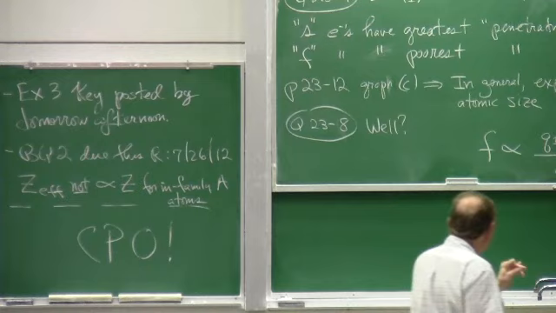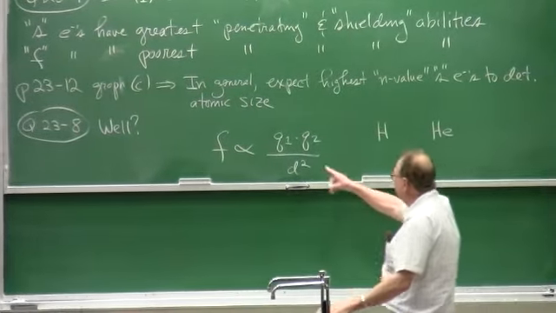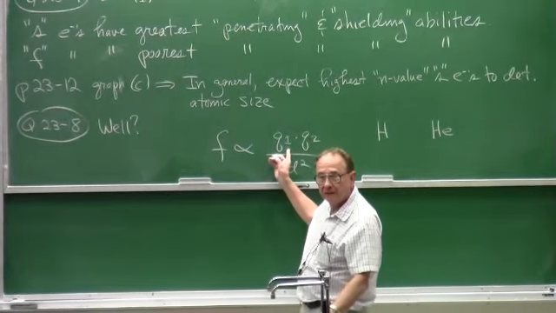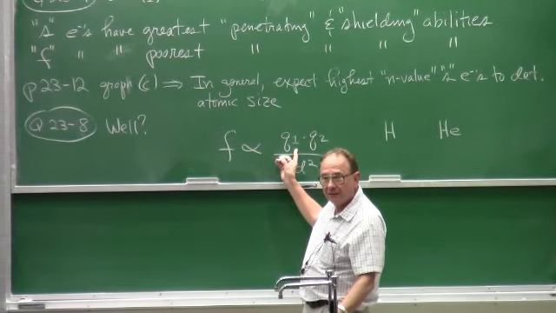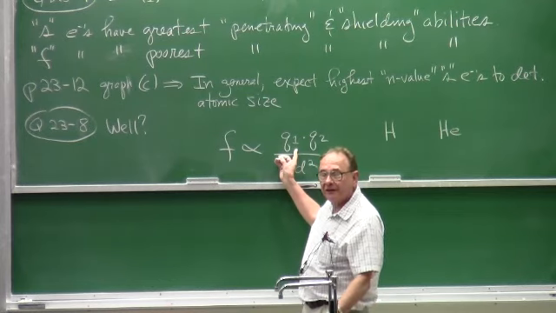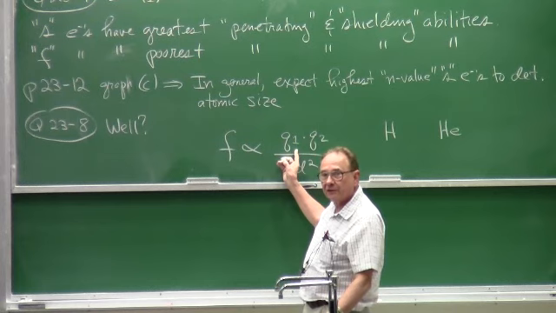Well, tell me, what do we have up here for helium? We're talking about a given electron and how strongly it's attracted by its nucleus compared to the attraction exerted on the 1s electron for hydrogen.